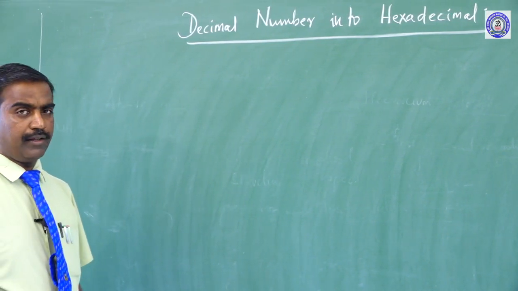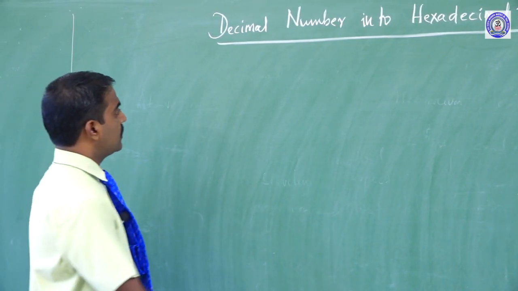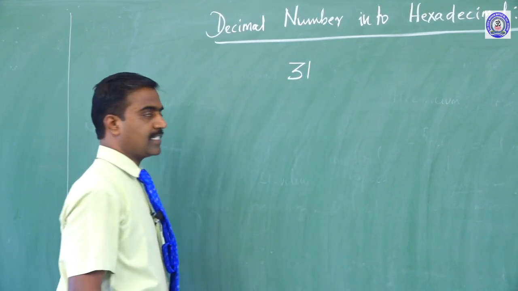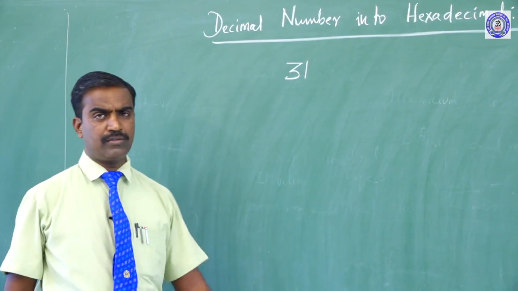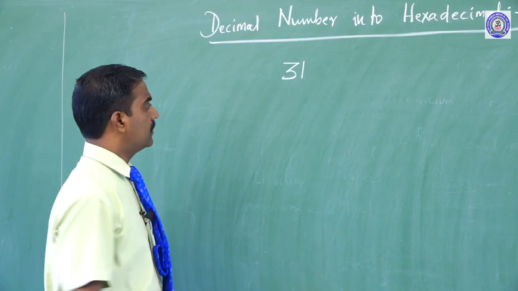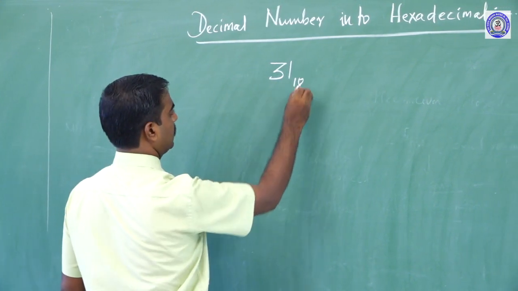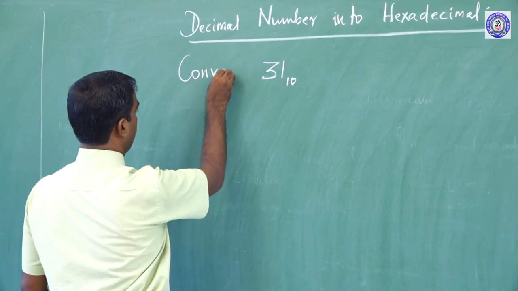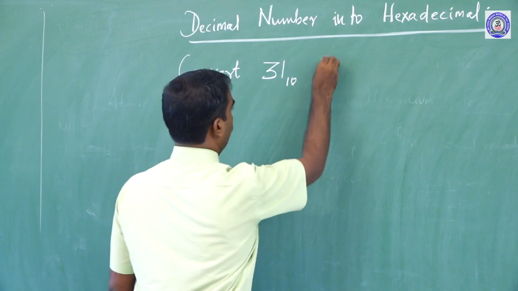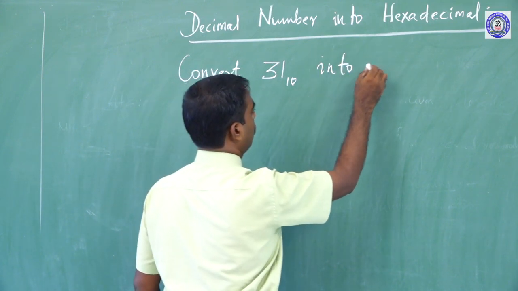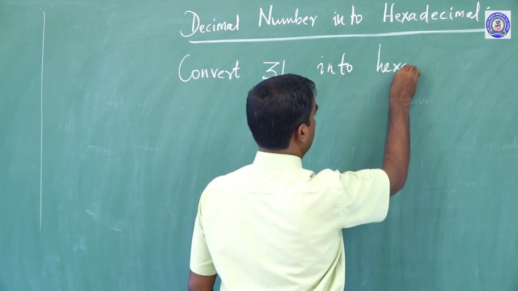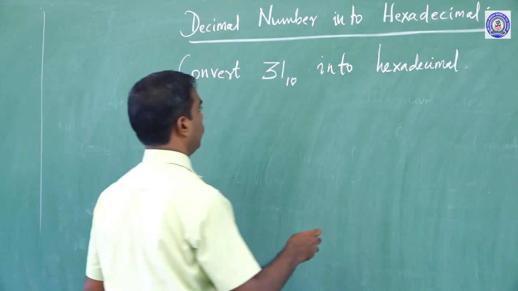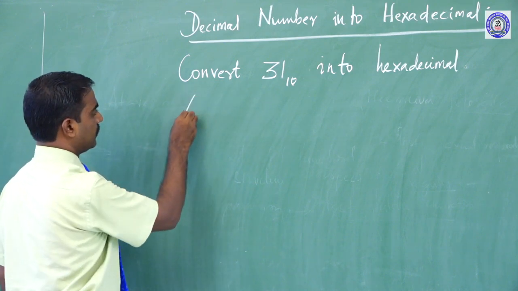The given number is 31. The textbook also gives these sums, and then we will work out the next sums. Okay. This base 10 is given, which means this is a decimal value into hexadecimal. Okay, yes. We will answer for this.